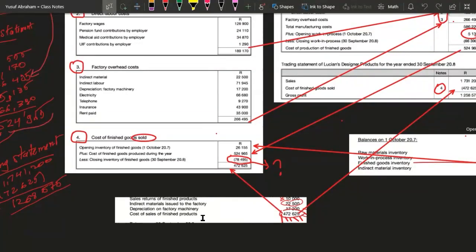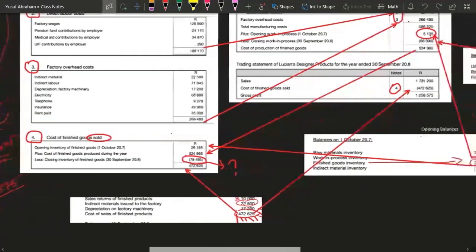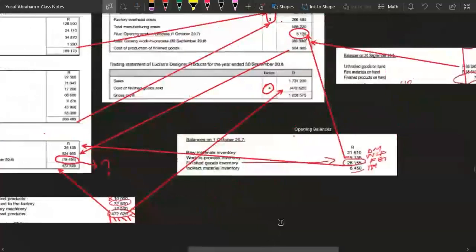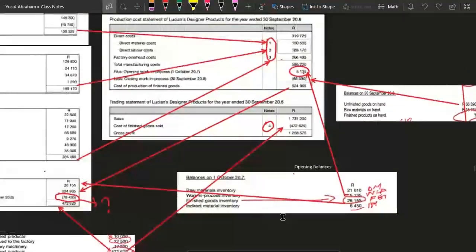So this will be the most important last thing I would say. The cost of finished goods sold is the same thing as saying the cost of sales of finished product. So if they provided it to you, then you can find what you don't have. Easy. You take what you have, you find what you don't have, and the rest becomes easy.